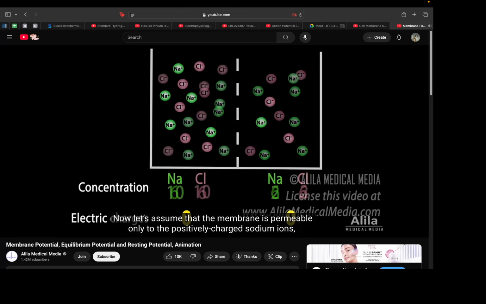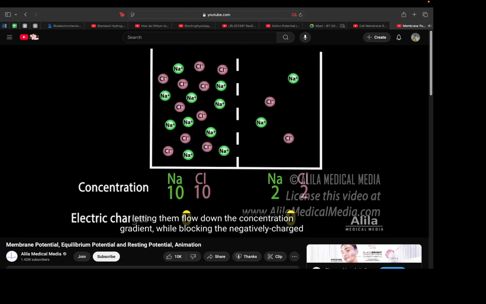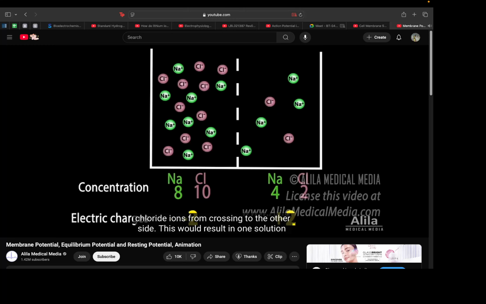Note that the electric charges remain the same on both sides and membrane potential is zero. Now let's assume that the membrane is permeable only to the positively charged sodium ions, letting them flow down the concentration gradient while blocking the negatively charged chloride ions from crossing to the other side. This would result in one solution becoming increasingly positive and the other increasingly negative.